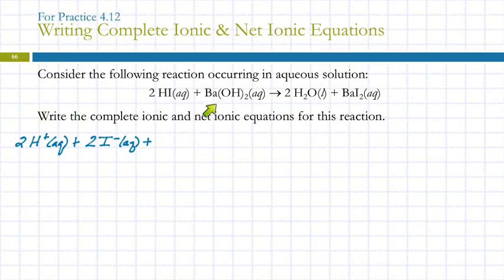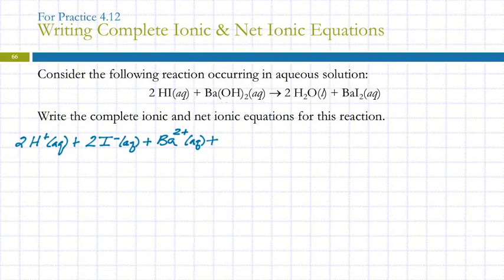And then I've got barium hydroxide. This is soluble, it's an ionic compound. I'm going to separate that into the ions. There's 2 ions, barium and hydroxide. So we have barium ion. I know the charge from the periodic table. Yeah, 2+. And then here, there are 2 hydroxide ions.